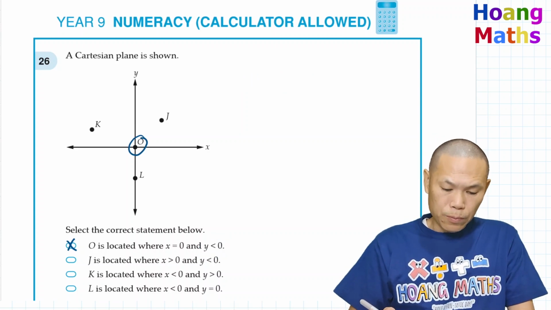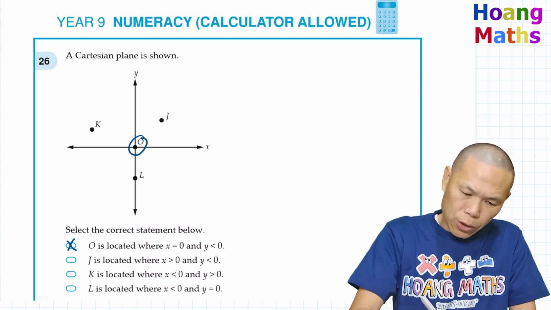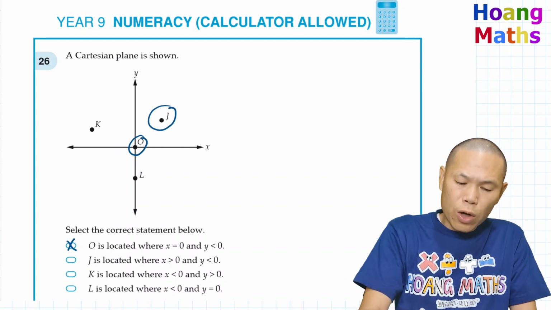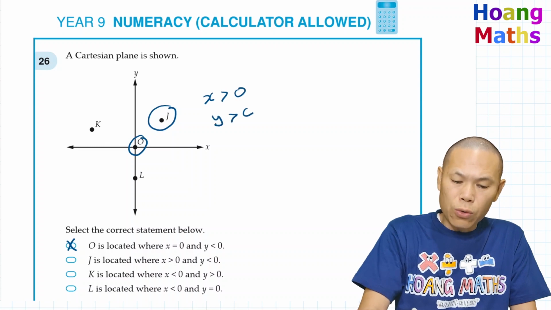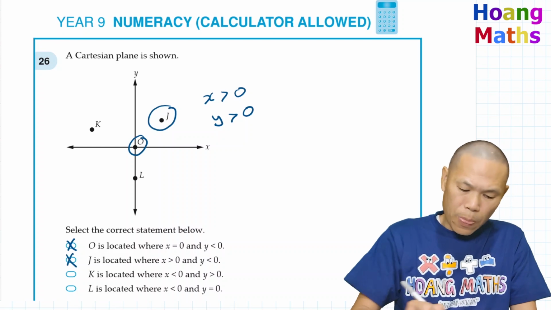Statement number 2: J is located where x is greater than 0, y is less than 0. J is actually located in the first quadrant, that is x is greater than 0 and y also greater than 0. So this statement is wrong as well.